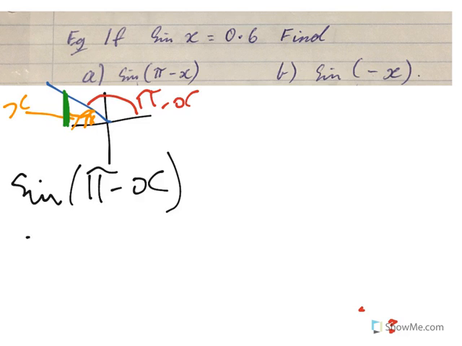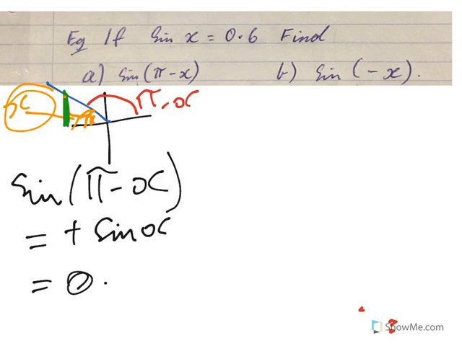Sine in that quadrant is positive, and it's going to be related to this angle, the one between the x-axis and the line, so that is going to be related to the sine of x. The sine of x, we were told up the top, is 0.6, so this one here is also 0.6.